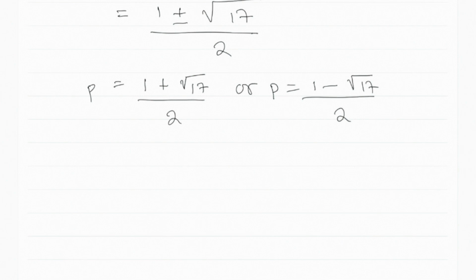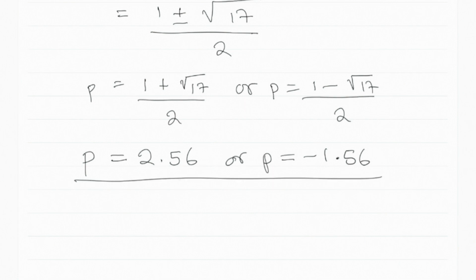Okay, so when we find the square root of that number, we say 1 plus the square root of 17, then divided by 2, we are going to have P equals 2.56, or P equals negative 1.56 as our answers. This is after you have done all your work on your calculator.